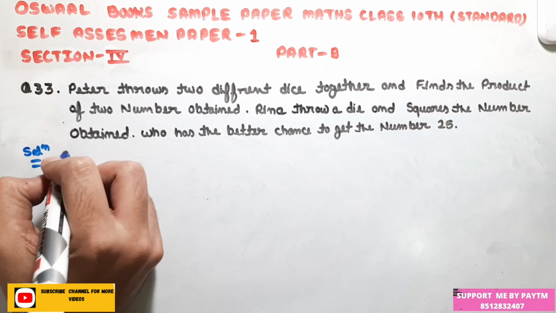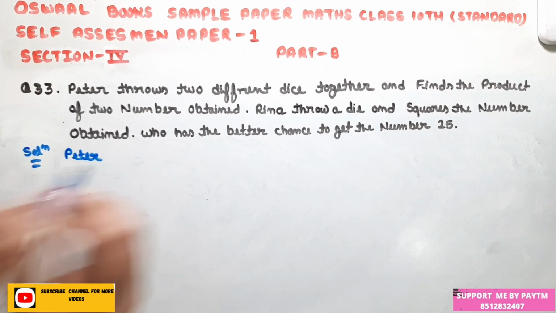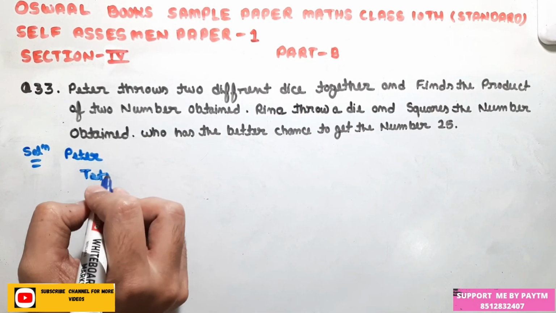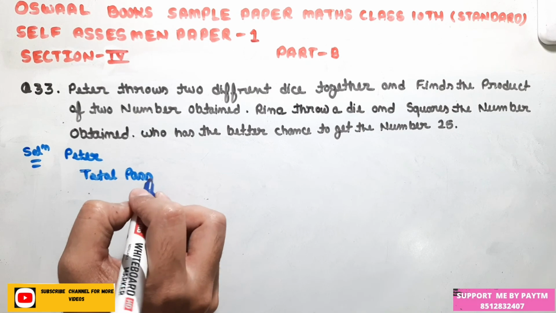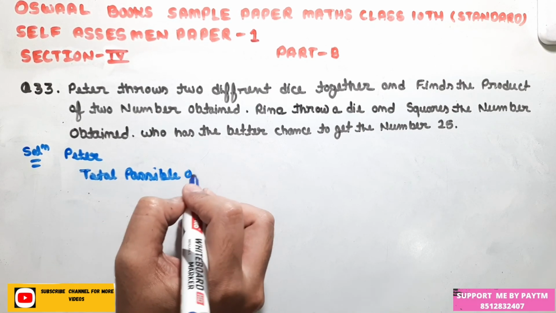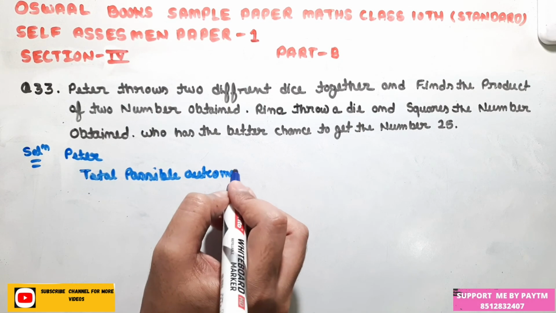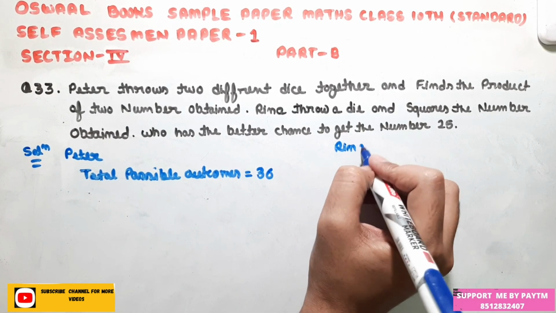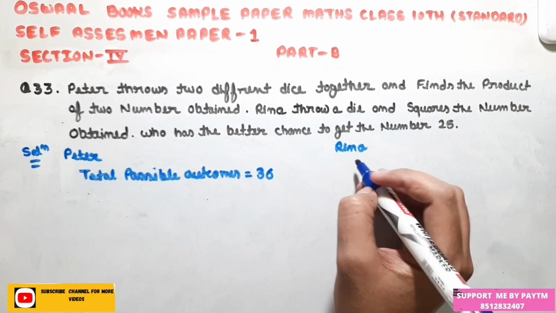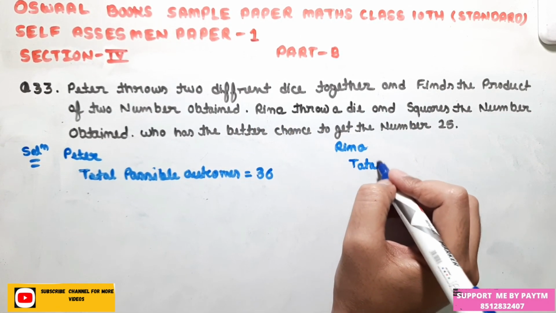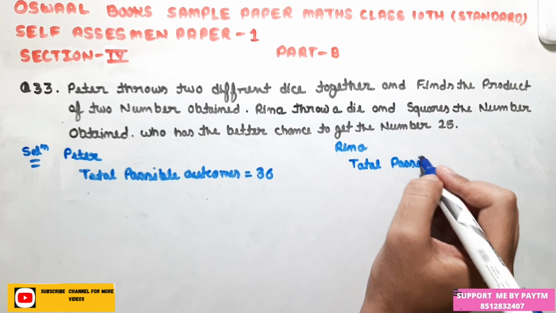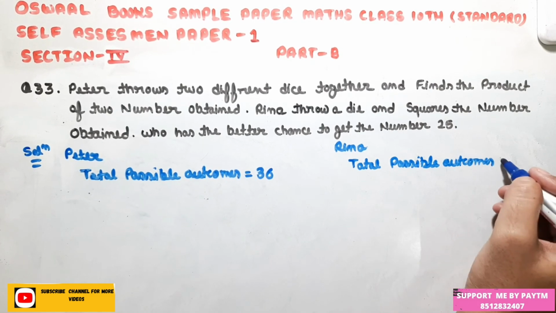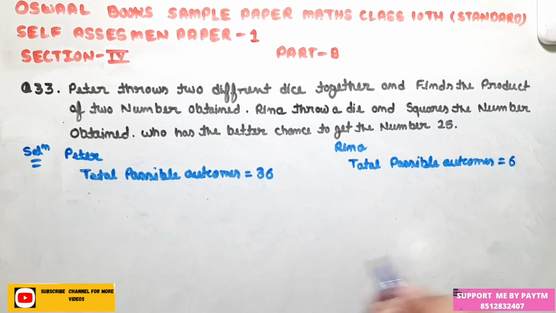So Peter is throwing two different dice, so the total possible outcomes will be 36. While Reena throws a die, so the total possible outcomes will be 6.